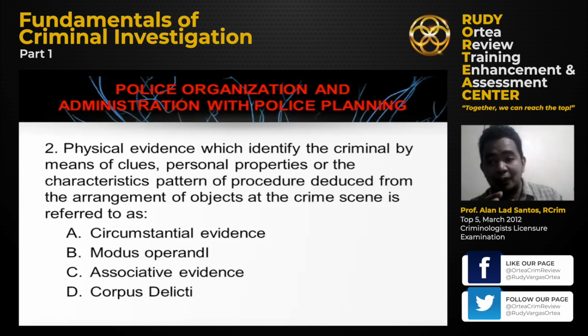Kasi there is a possibility na maging magkaparehas ang procedure na ginagawa ng isang tao o ang actions. So, circumstantial. Pati arrangement of objects. So, the answer in this one, guys, is circumstantial evidence. So, alpha is the answer, guys. So, I want you to remember the answer is alpha.